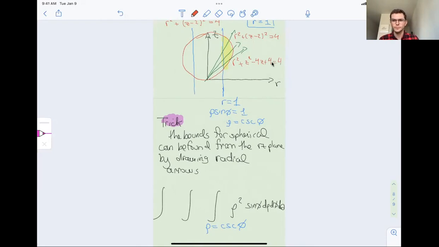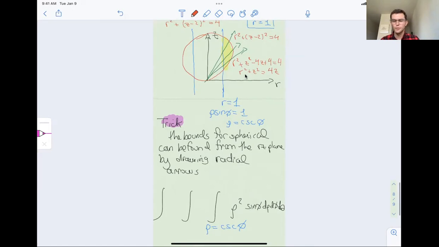Because then the 4's cancel and you get r squared plus z squared equals 4z. But what is r squared plus z squared in spherical coordinates? Someone had pointed this out on the chat before. Rho squared, good. And what is z? It is rho cosine of phi. And so you can cancel a rho on both sides.